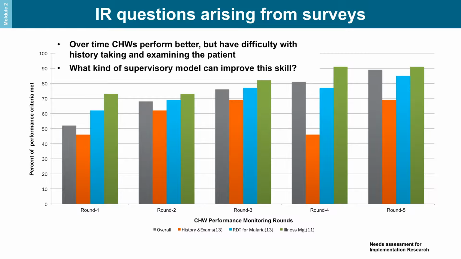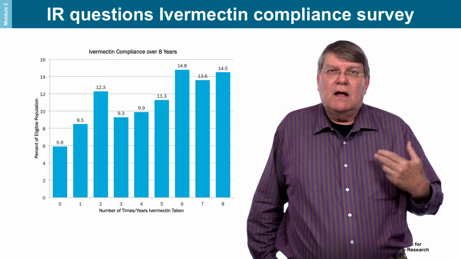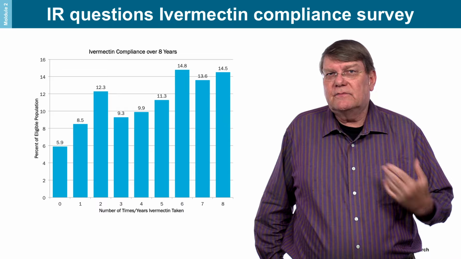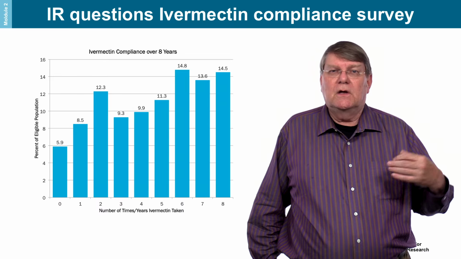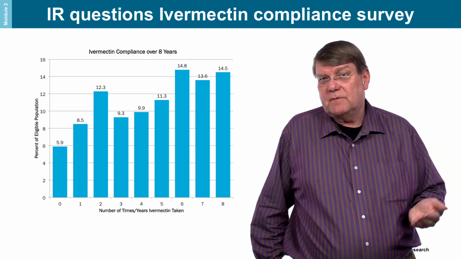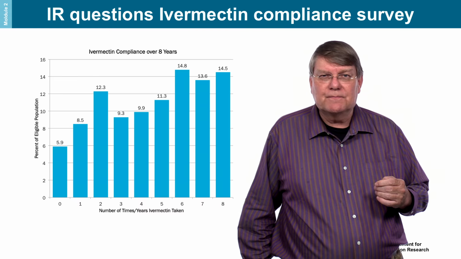So these are the kind of things that the data should make us think about, bringing together the partners and stakeholders to talk about what kind of intervention might work to improve things in our own environment. We had also addressed this issue of ivermectin coverage or compliance. We were able to collect information in about 5 countries over an 8-year period and found out how many people took or didn't take ivermectin out of those 8 opportunities.